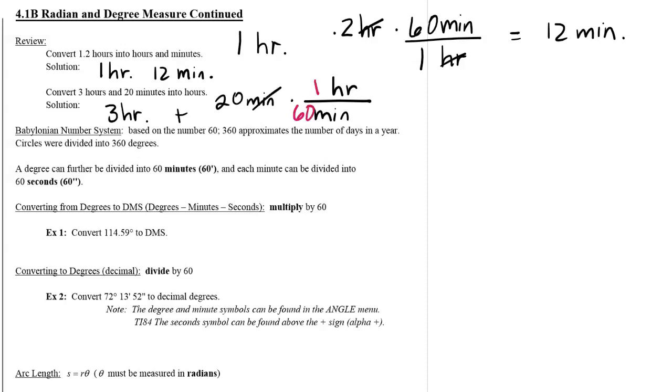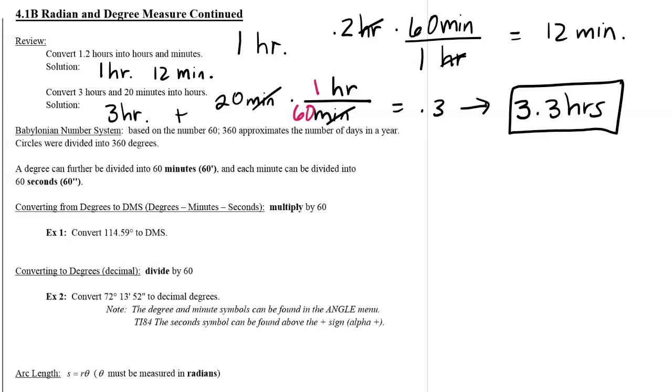Now your minutes will cross cancel with minutes. And then basically what you're doing is you're taking the 20 and dividing it by 60. So 20 divided by 60 is 2/6, which is 1/3, or 0.3. So converting 3 hours and 20 minutes into just hours would be 3.3 hours.